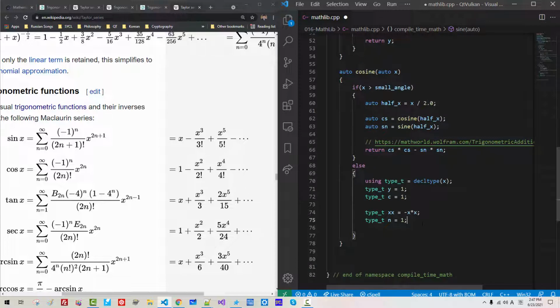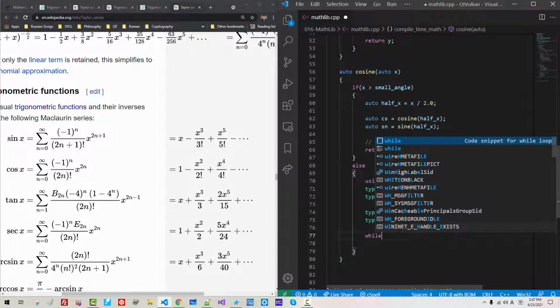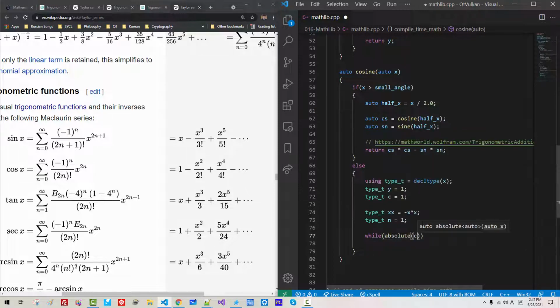Then while absolute c is greater than tolerance, c times equal xx, c over equal n times n plus 1, y plus equal c, n plus equal 2.